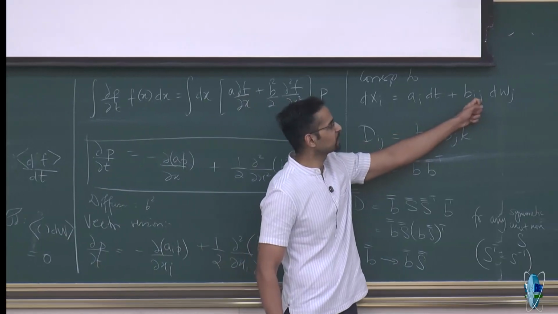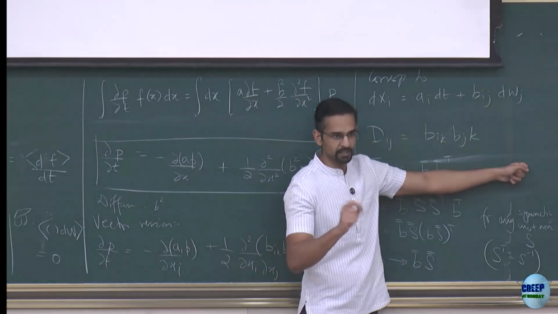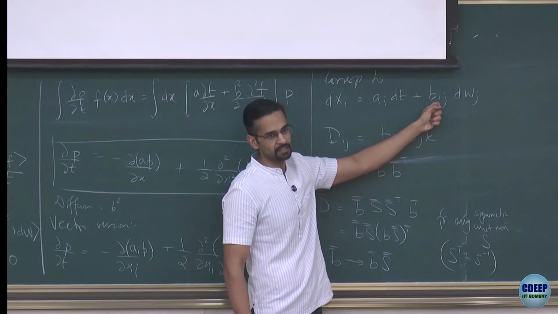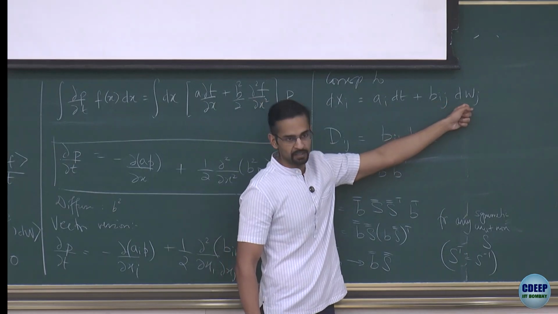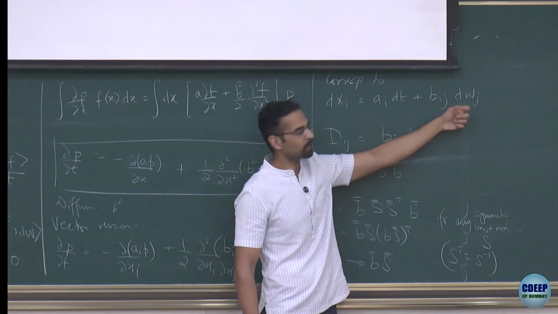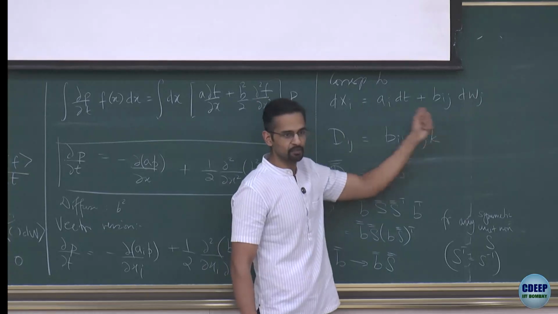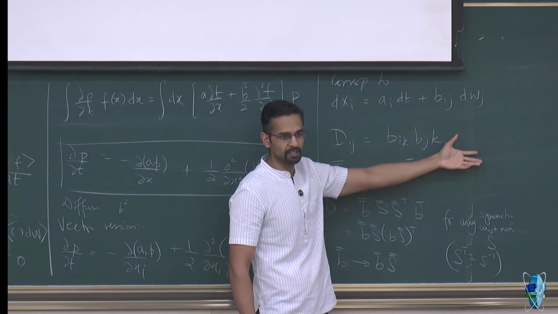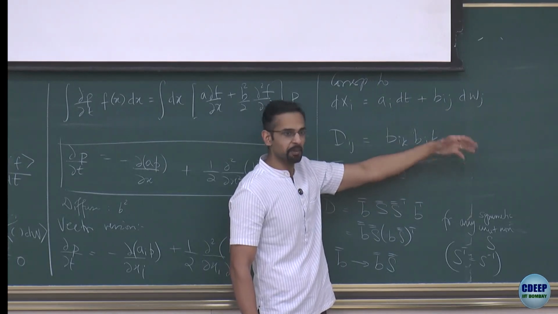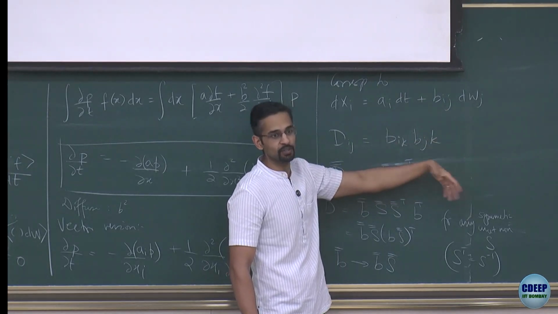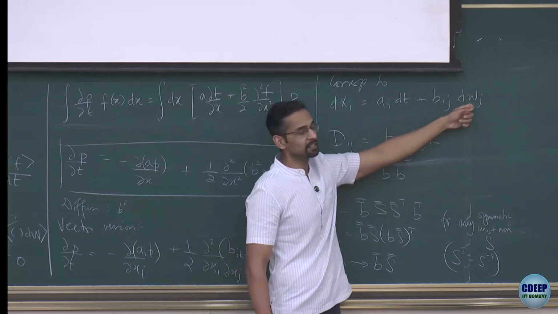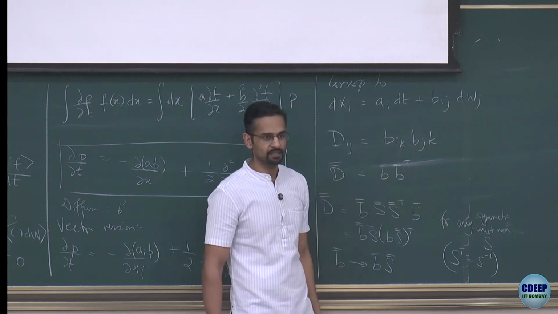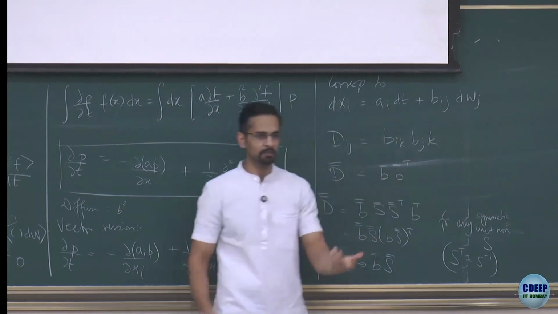So B is basically telling you how each noise that you are adding affects the variables. So suppose I start with a B that is diagonal. That means the Wiener process 1, dW1 only affects x1, W2 only affects x2 and so on, right? Because B is diagonal. But now I'm saying that the Fokker-Planck equation you get for that SDE will be identical to the Fokker-Planck equation of a different SDE, where I'm making the W2, W3, W4, etc. all affect x1. How? By simply multiplying B with some rotation matrix.